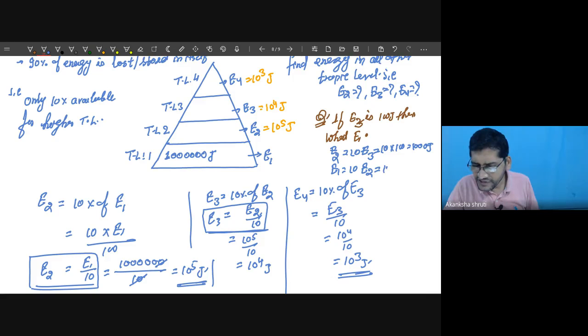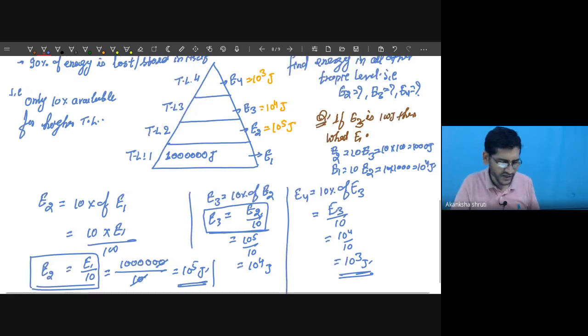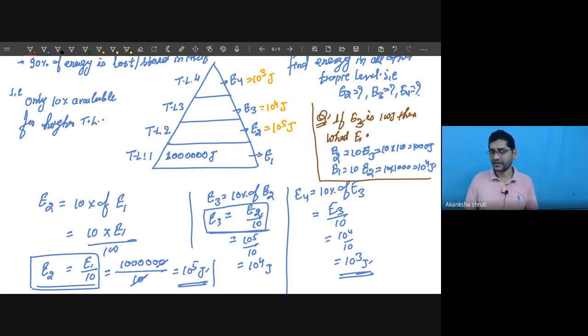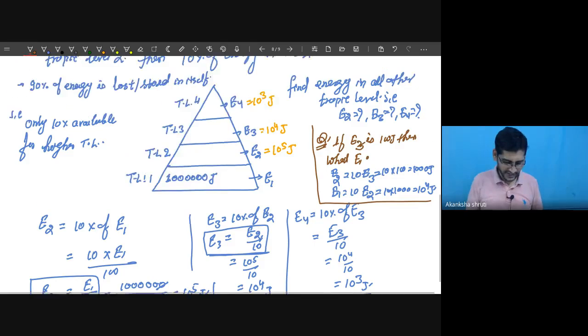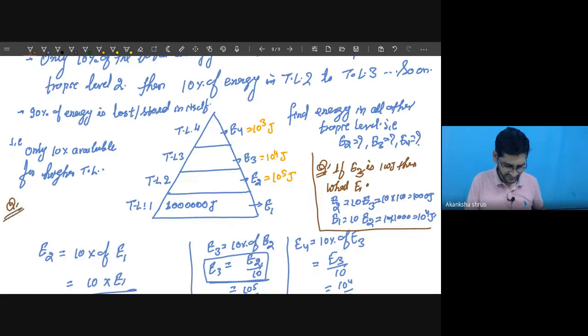So it becomes 10 into 1000, so it is 10 to the power 4 joule. Okay, students, this way questions are framed. So you should be cautious for all these things. Getting now? First I have taken this question for this trophic level.